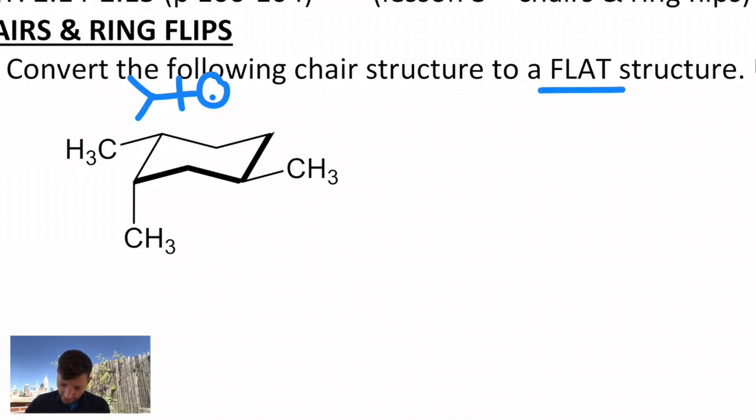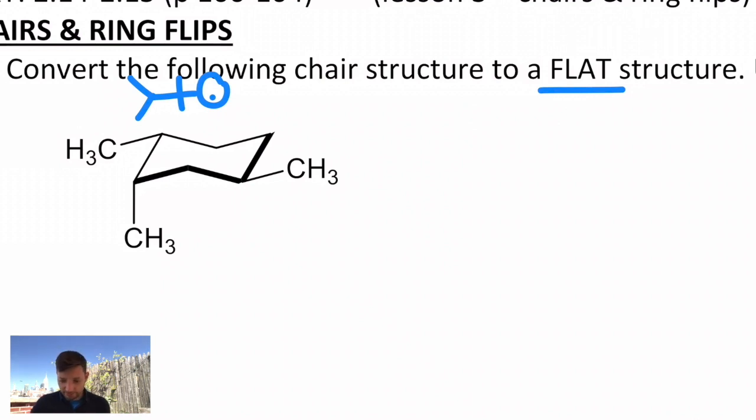Well, I have my flat hexagon, and from that perspective, which is arbitrary, I need to pick some position to be one of the spots where the methyl is. So I'm going to say that this carbon is the one in the upper right. I'm going to highlight that just to keep my frame of reference. Now, where is that methyl? Is it coming toward me with a bold line, or is it going away from me with a dashed line?